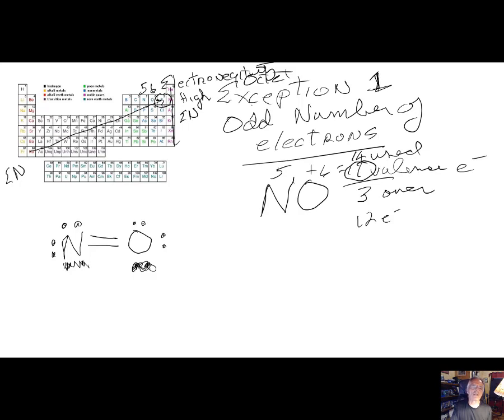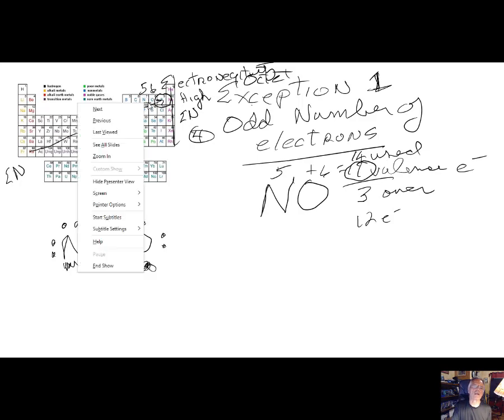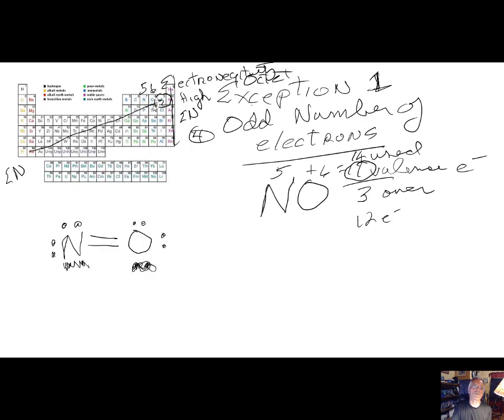Fluorine is the queen of electronegativity. She's the highest on the Pauling scale with an electronegativity of 4. It's just a number based on a calculation, but we're just going to compare oxygen to nitrogen. And between the two, oxygen is further in this direction, so oxygen is more electronegative.